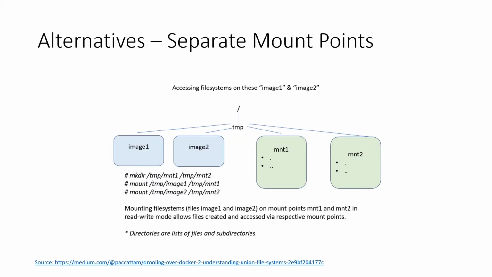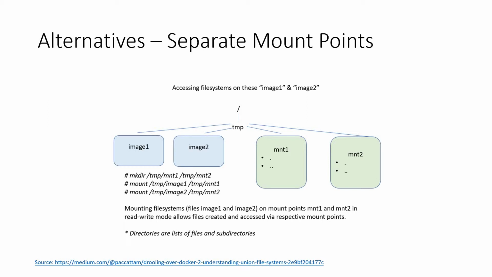So just to give a rundown of alternative ways of accomplishing a similar operation, you could just have separate mount points for your separate file systems. So if we've got these two file systems, image1 and image2, we can mount them in separate places, mnt2 and mnt1, which are in /temp.